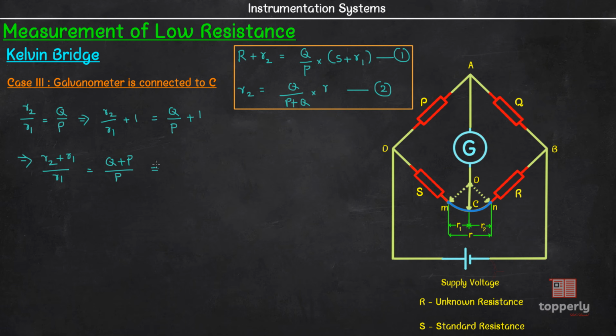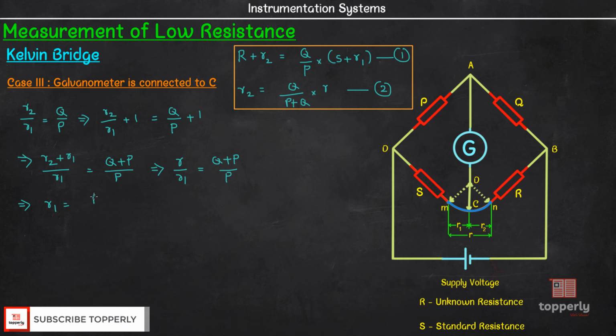Therefore, we have small r by R1 equal to Q plus P by P. And this on rearranging gives us R1 equal to P by P plus Q into r. Let's name it as equation number 3.